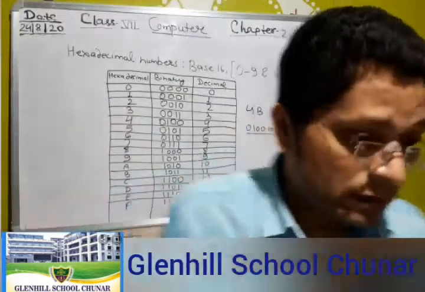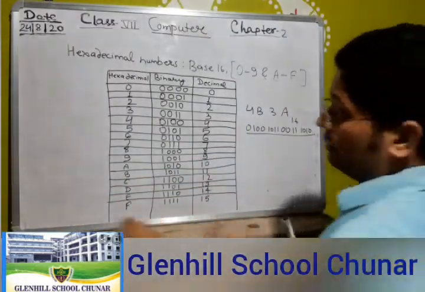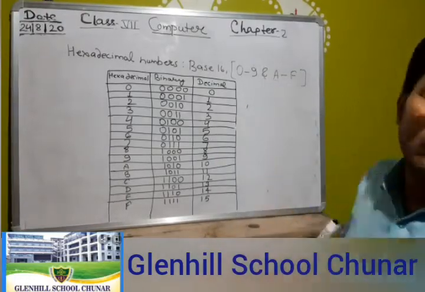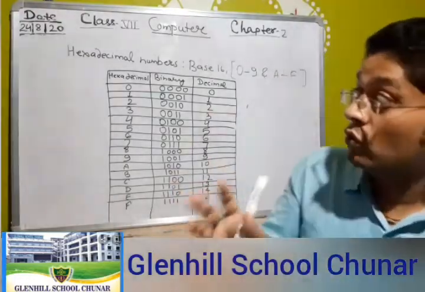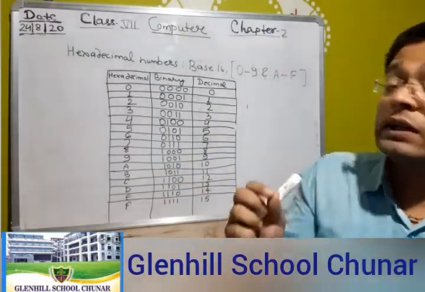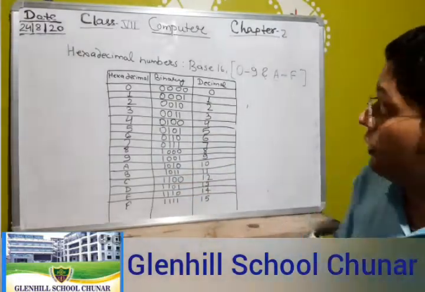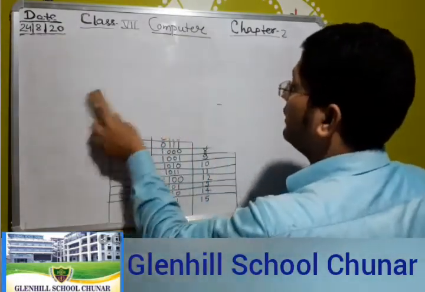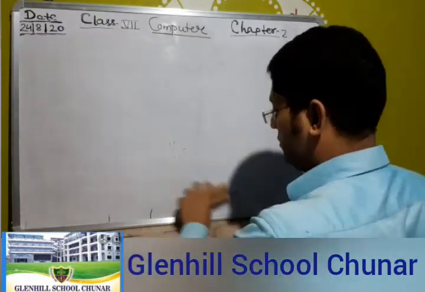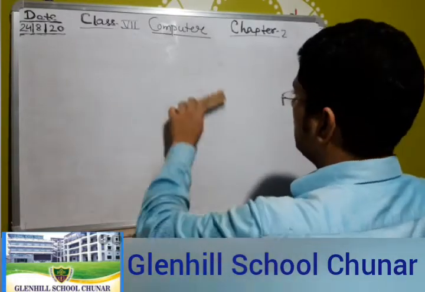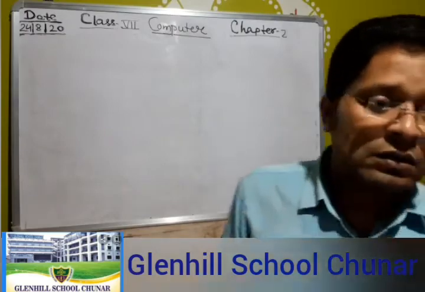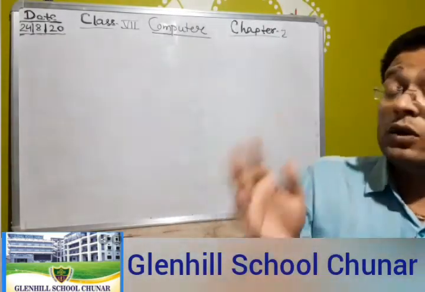And the next main topic is conversion to and from other number systems. Okay, student, just like decimal to octal, octal to decimal, decimal to binary, and binary to decimal.